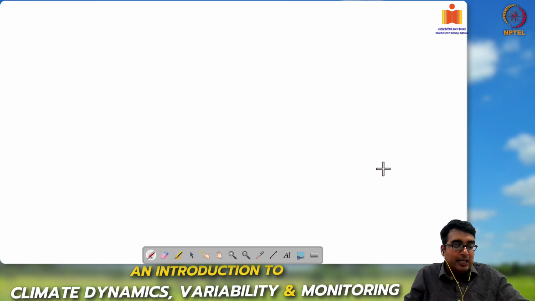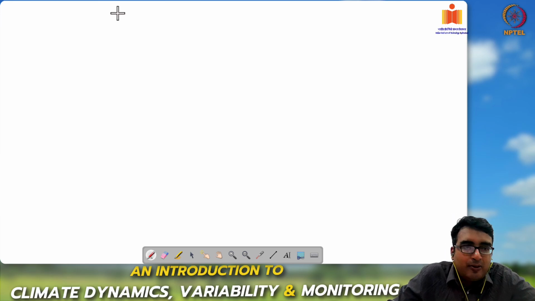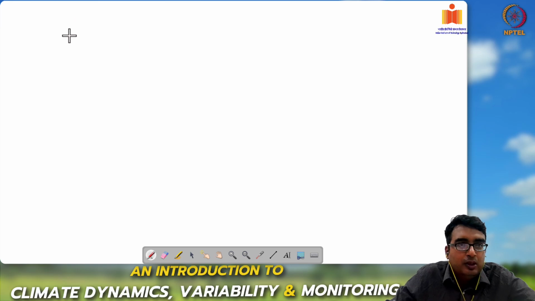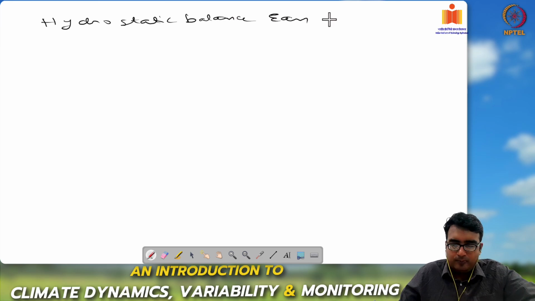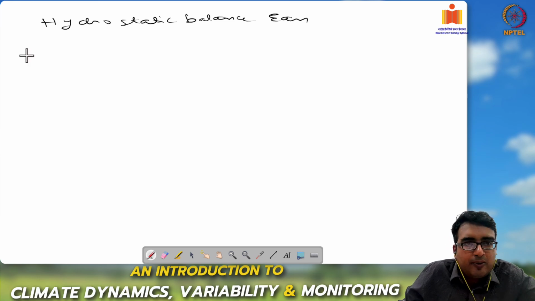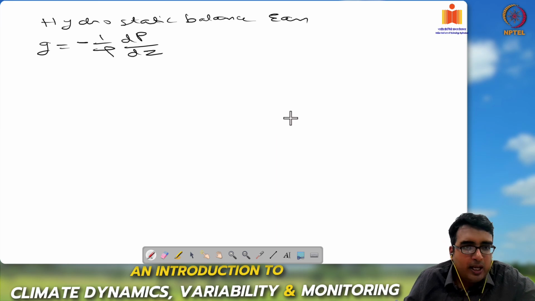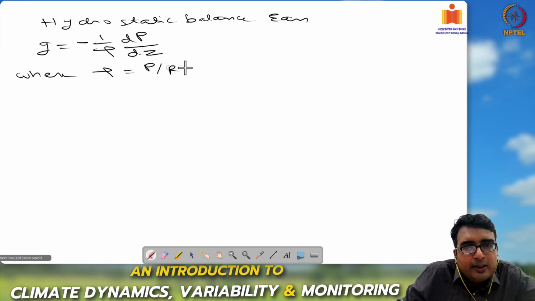So, in the previous class, we discussed the hydrostatic balance equation, which we can write as g equals minus 1 by rho dP dz, where by the ideal gas law rho is equal to P by RT.